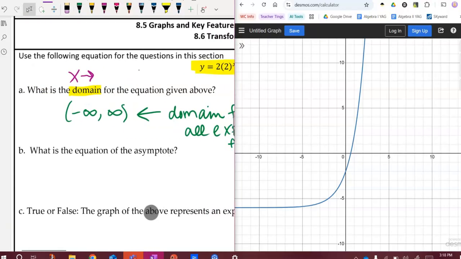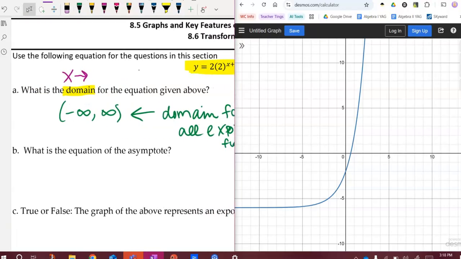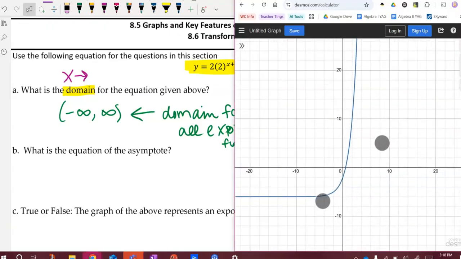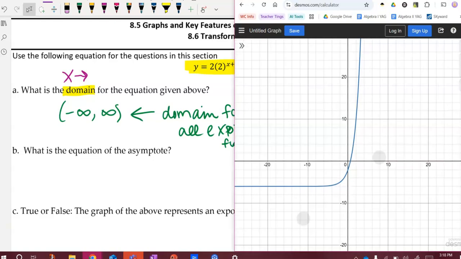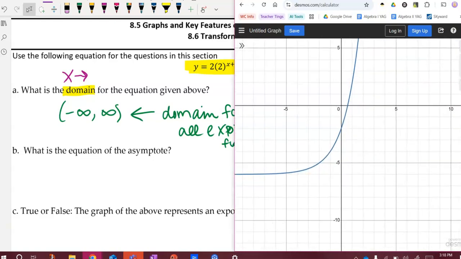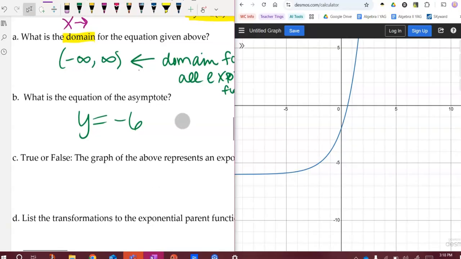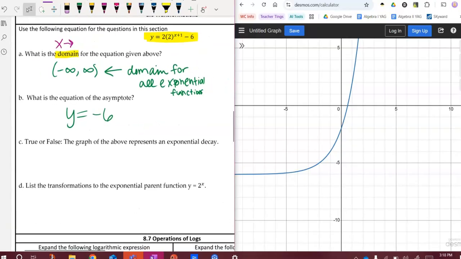What is the equation of the asymptote? All right, we have an asymptote. We have a horizontal asymptote right here going through negative 6, through the y-axis at negative 6. And true or false, the graph of the above represents an exponential decay.